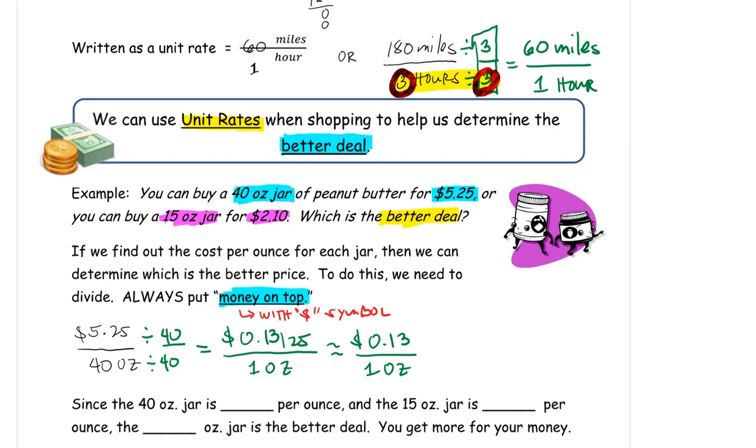So the cost of the peanut butter is 0.13 dollar per ounce.